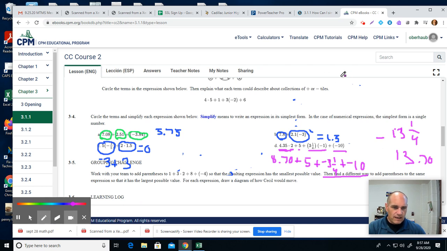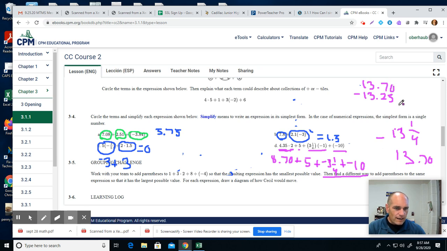So I'm going to turn this into negative 13.25. So let's say I have a negative 13.25 and I have a positive 13.70. I'm going to subtract.